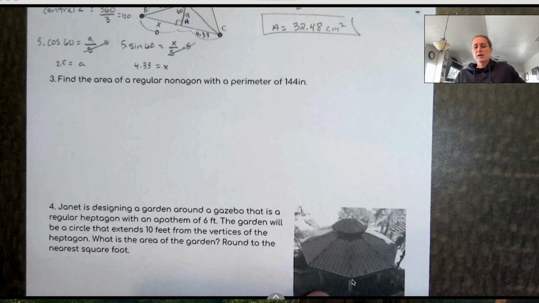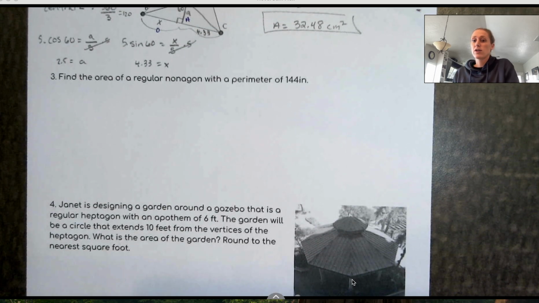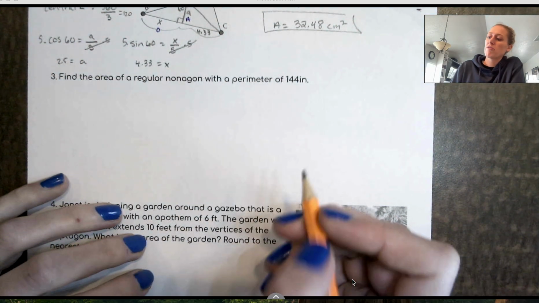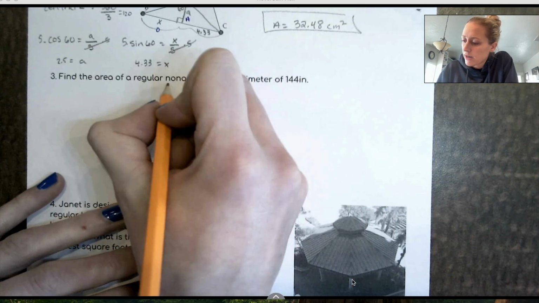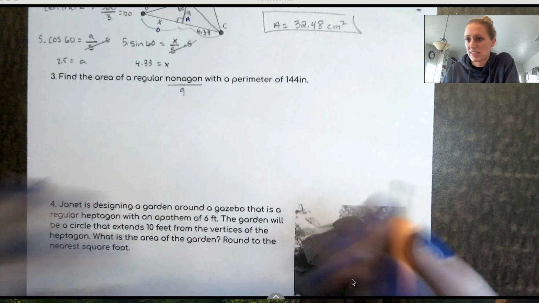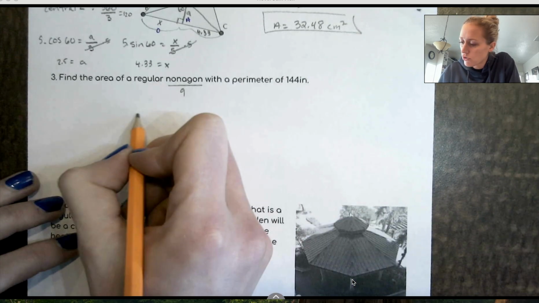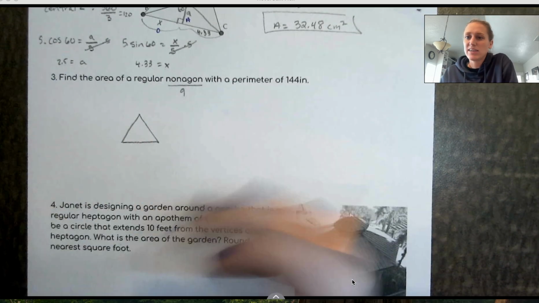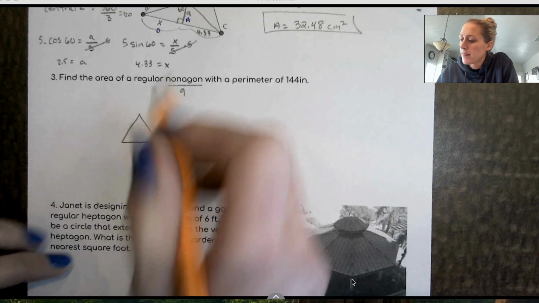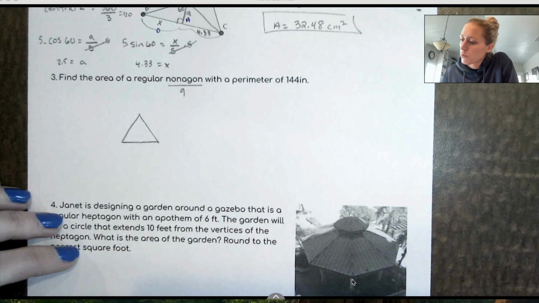Okay. Now, this one does not give me a picture, and they just say find the area of a regular nonagon that has a perimeter of 144. So, nonagon is 9 regular sides. I'm not going to attempt to draw it. I'm just going to draw one of the triangles. I know I have 9 of these that make up this nonagon, and the perimeter is 144.